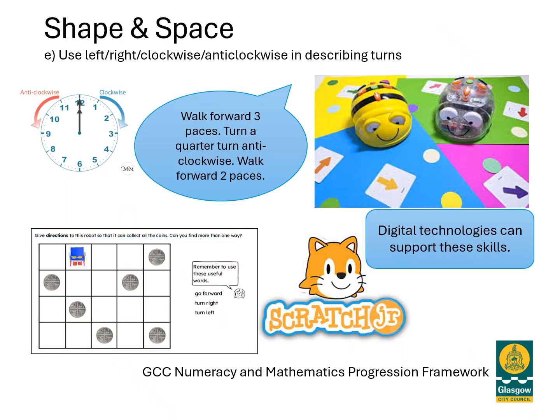And then for directional language in primary 3, we are interested in the terms of clockwise and anti-clockwise. They already have familiarity with an analog clock face from primary 2 and primary 1, so we're going to be building on that knowledge there.